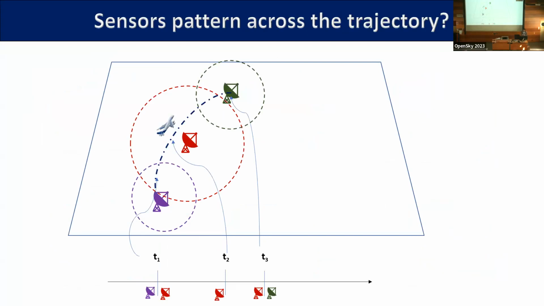I also talk about how the sensor patterns affect the accuracy. As an example here, we observed that an aircraft crossing from source to destination crosses different sensors. At time 1, it's received by sensors 1 and 2, then at time 2, only sensor 2, and then at time 3, by another set of sensors. This is an indication that the aircraft was in the area of that sensor. By moving on, it can enter the area of another sensor, or it could also be leaving the area of a sensor.